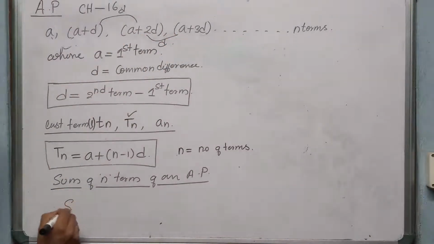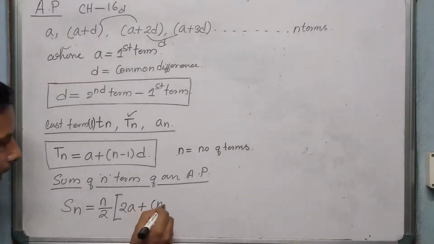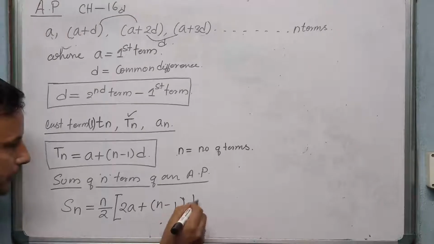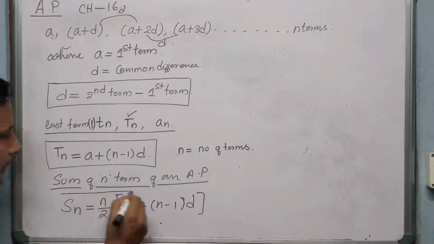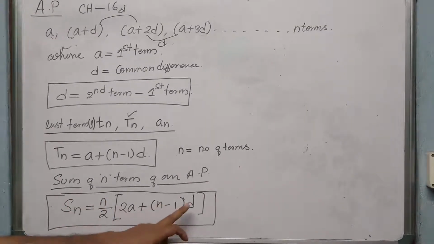It is represented by Sn. Sn means sum of n terms. The formula is n by 2, 2a plus n minus 1 into d. This is the formula to calculate the sum of n terms of an AP. Sn is equal to n by 2, 2a plus n minus 1 into d.